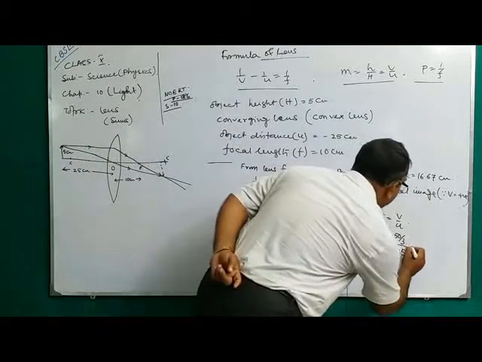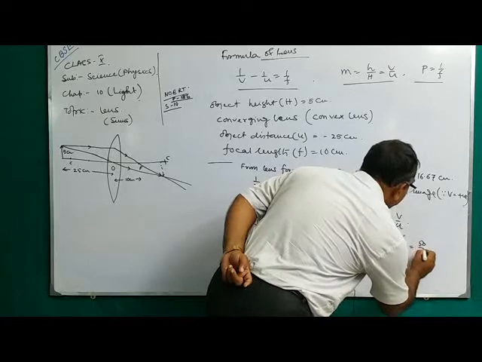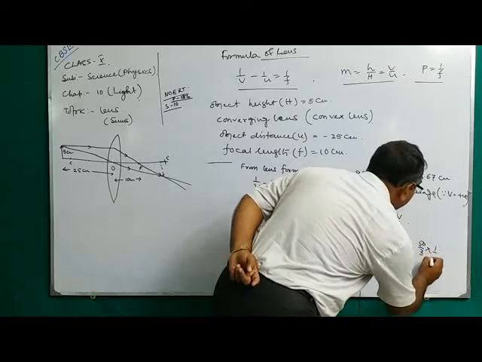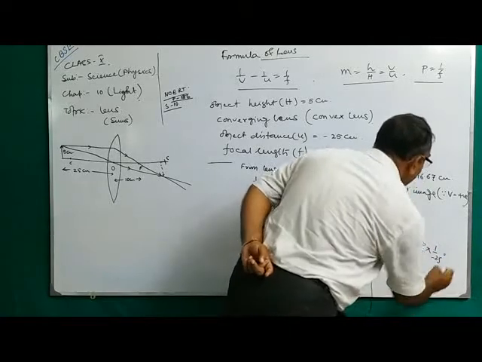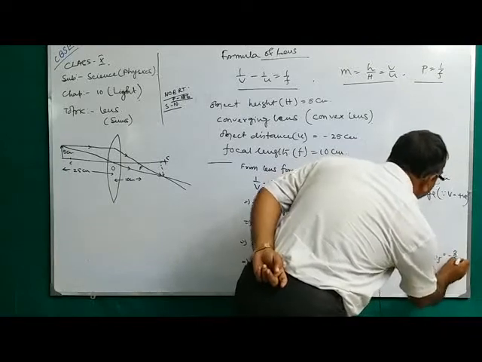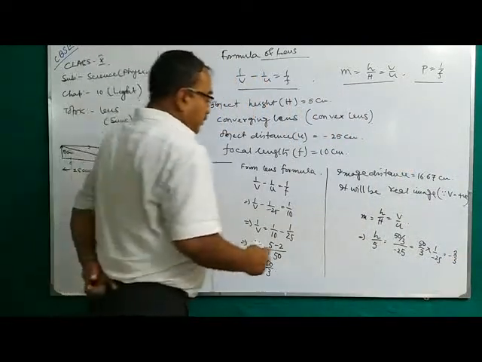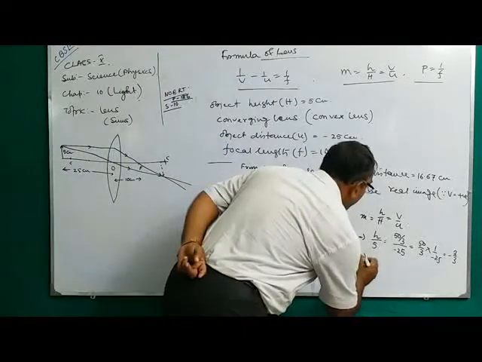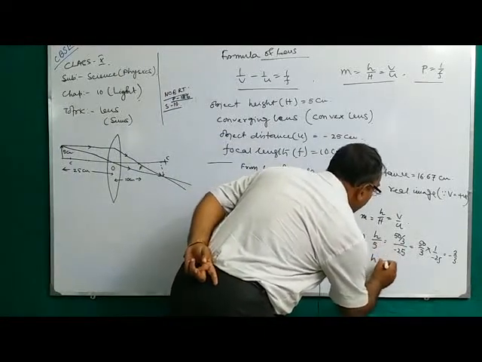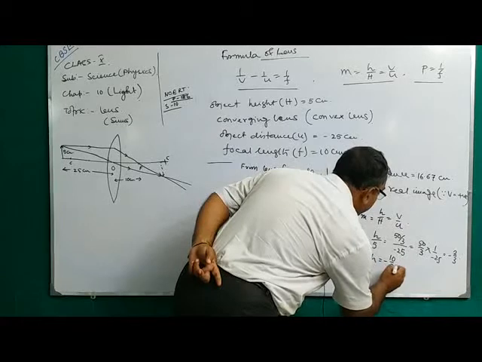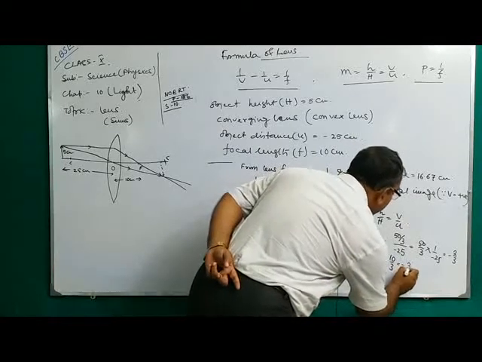What will be the value? 50 by 3 into 1 by minus 25 equals minus 2 by 3. So the value of h will be minus 10 by 3, equal to minus 3.3.